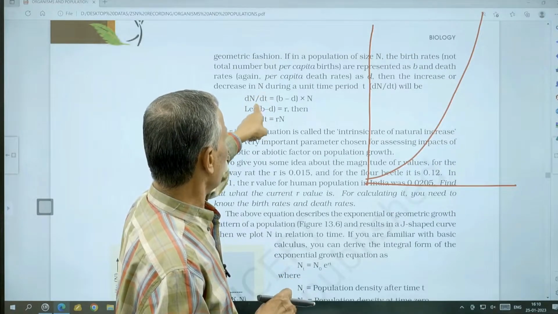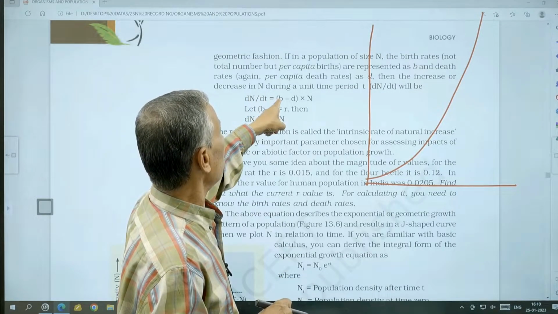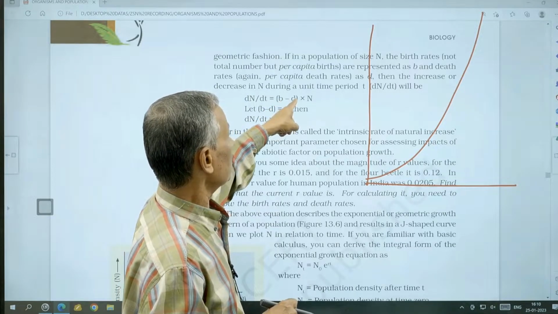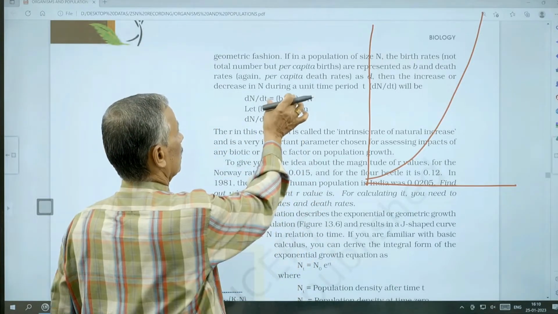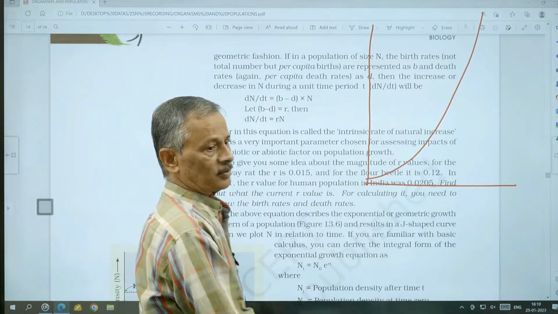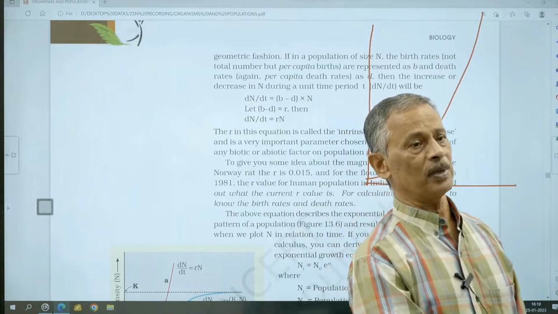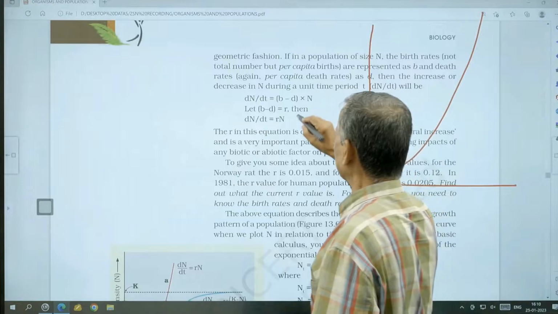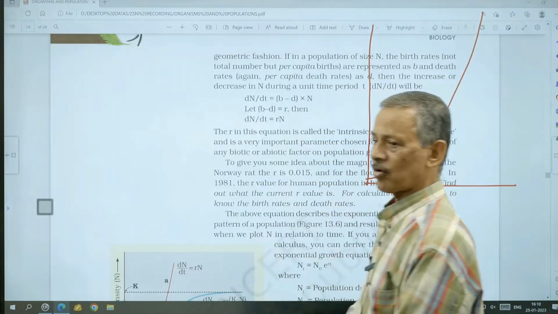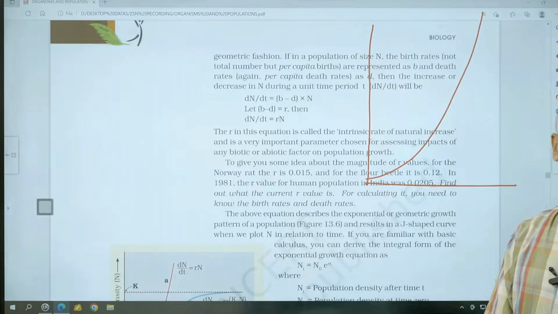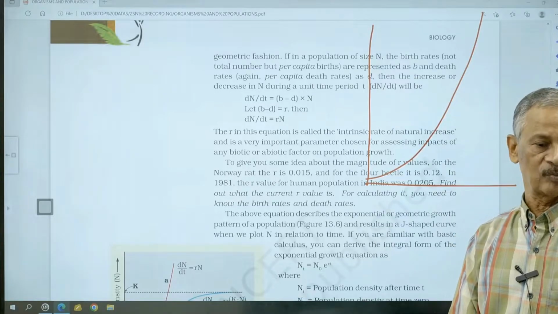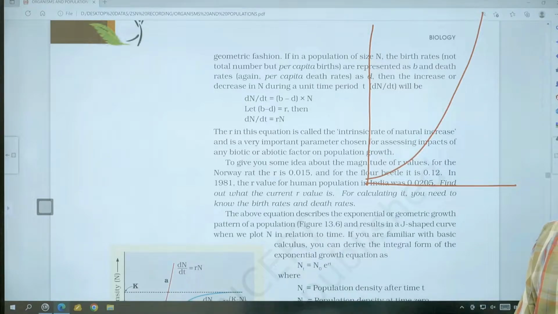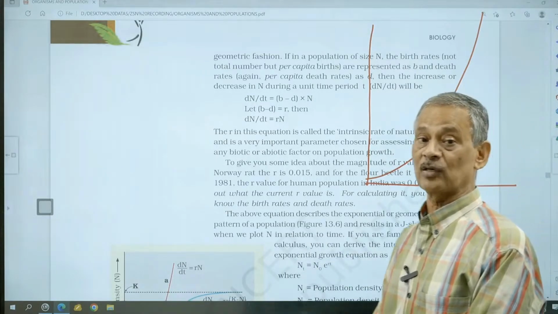Rate of change in population will be per capita birth rate minus per capita death rate. This is an indication. Per capita birth rate and per capita death rate. The difference is called r value, intrinsic rate of natural increase, or simply we can also call it as biotic potential.